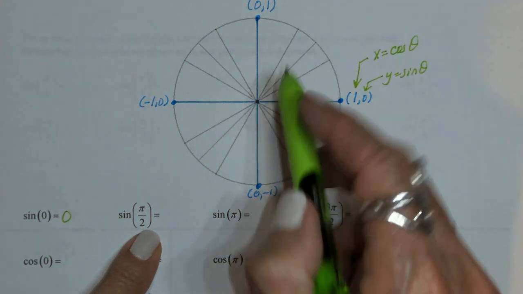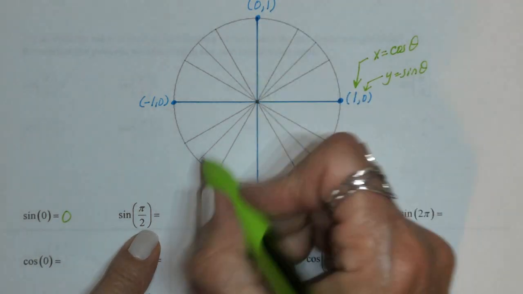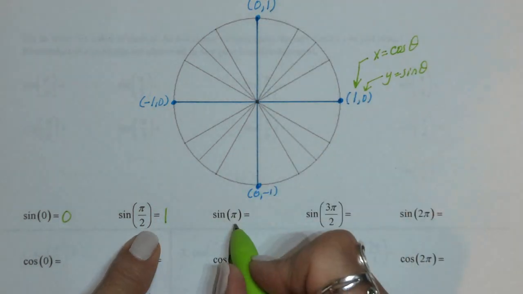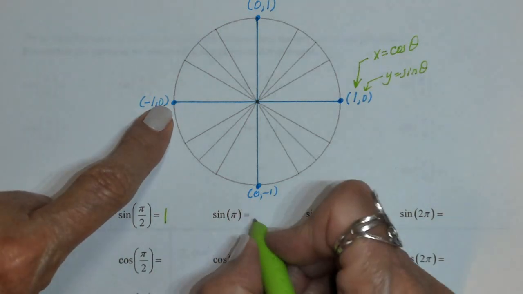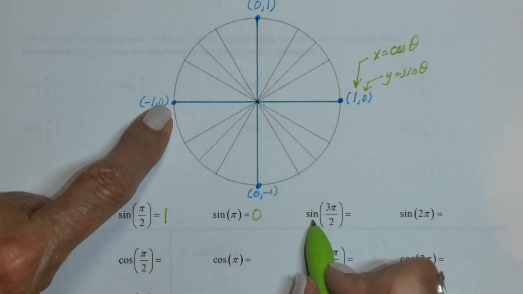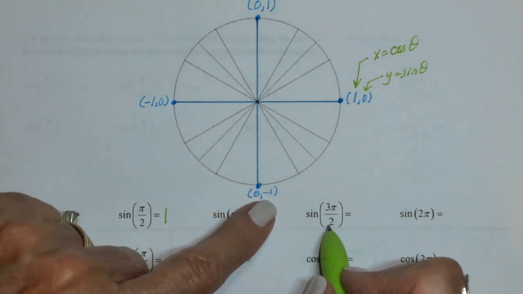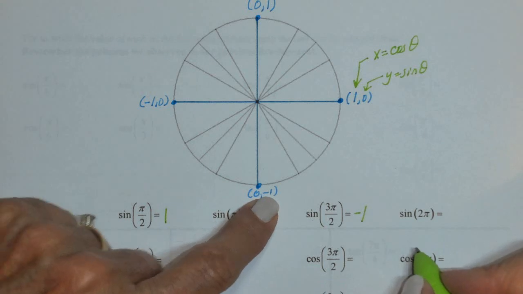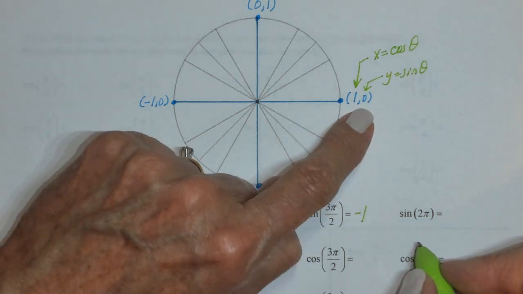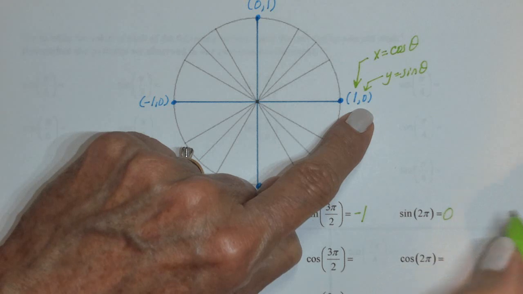Pi over 2, the y coordinate is 1. Sine of pi, go to pi, the y coordinate is 0. Sine of 3 pi over 2, the y coordinate, negative 1. Sine of 2 pi, we're back to 0.